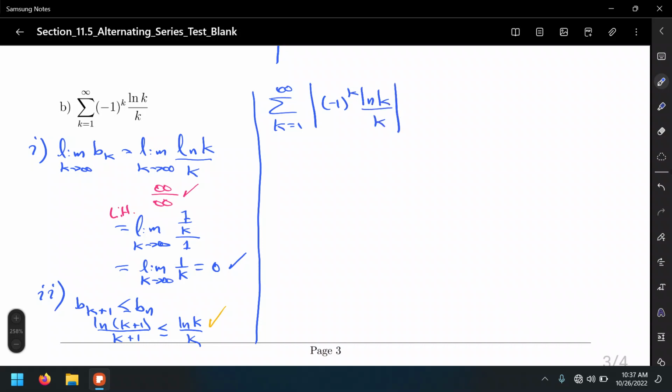Taking the absolute value of the expression eliminates the alternating factor. So we get the sum from k equals 1 to infinity of ln of k over k. We need to have a look at this whole new series. Forget about the alternating series for a few minutes, and let's find out a good test for this series.